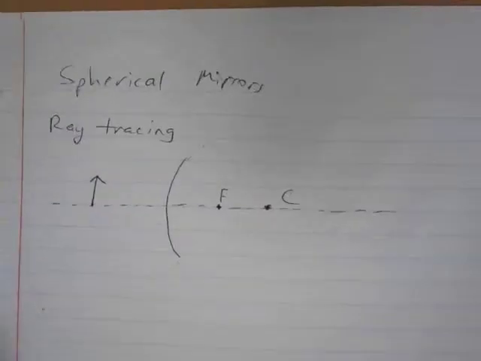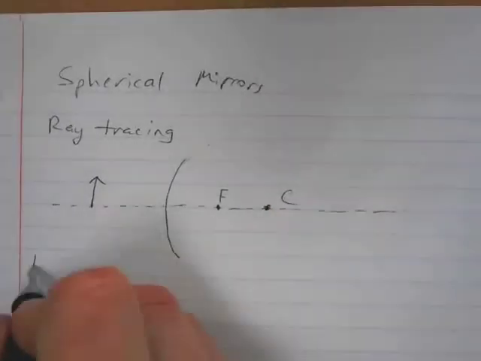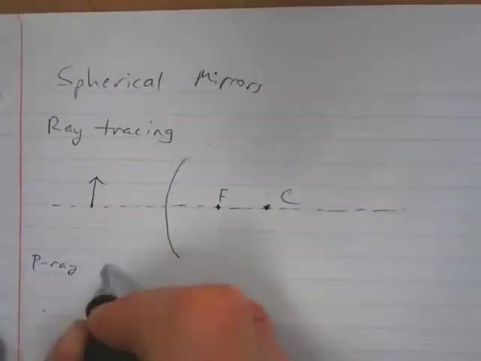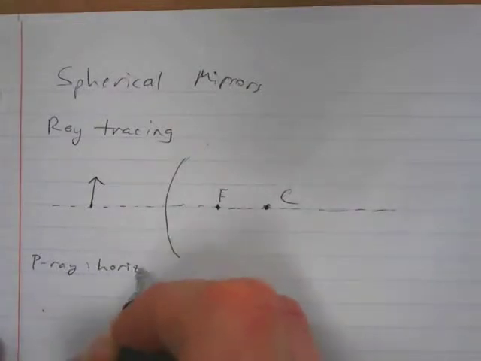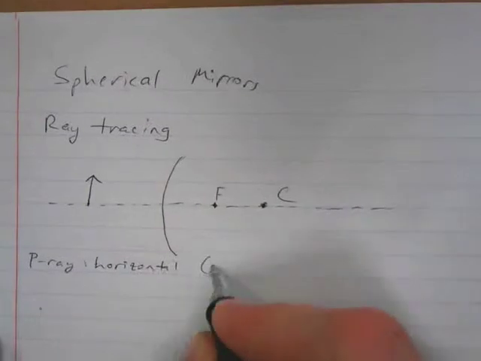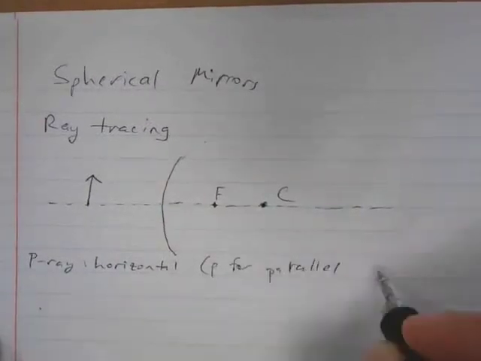There are three rays that we're going to draw to figure out where our image is. There are three rays that are typically used. There is the P ray, and that is a horizontal ray. It's called P because it is parallel to the principal axis.